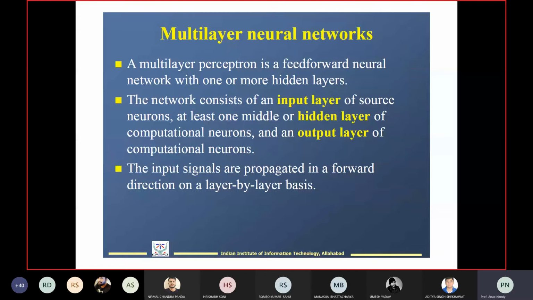That's why it is called backpropagation. The error will be generated in the hidden layer as well as in the output layer. From the output layer, the error is y desired minus y actual. If y is considered to be the output, then y desired minus y actual is generated for each iteration, or each epoch, and you propagate the error back in the backward direction. So that's why it is called the backpropagation algorithm.